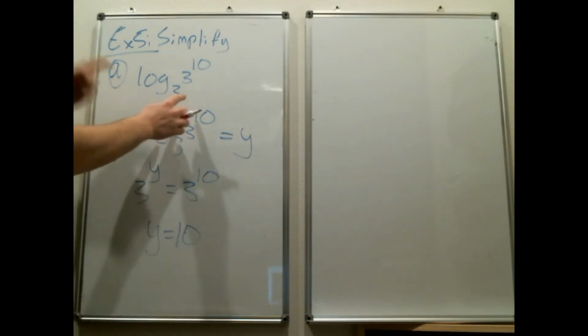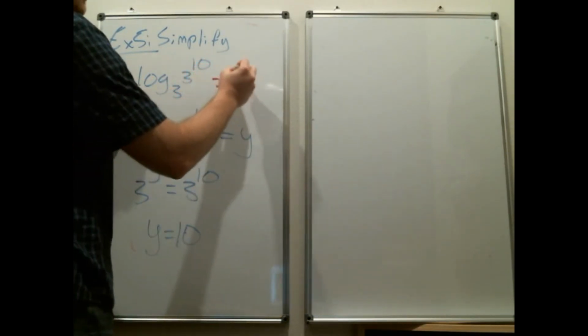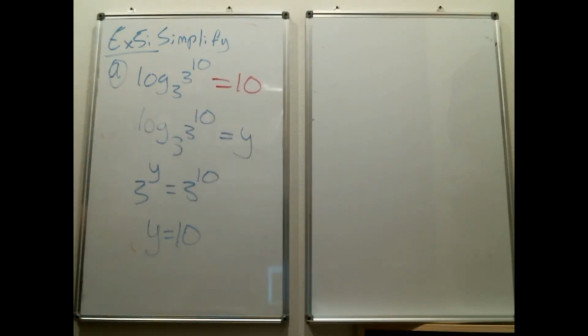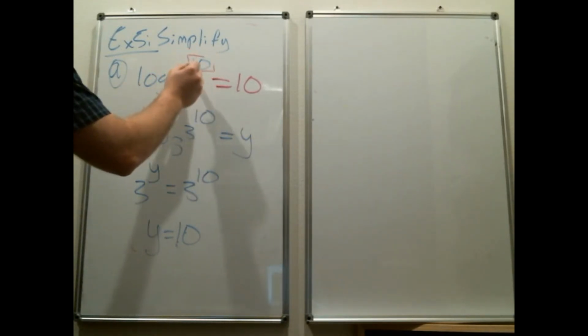So that's telling you that log base 3 of 3 to the 10th is 10. Think about it for a minute. Do you see a shortcut here or anything that pops out to you? Notice that this up here was your answer.